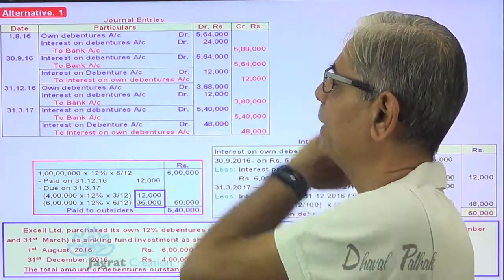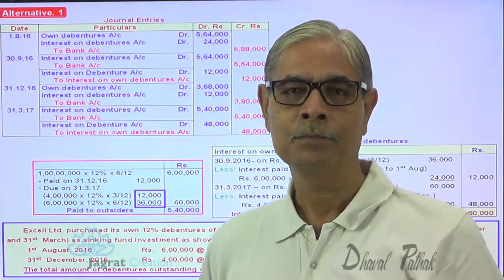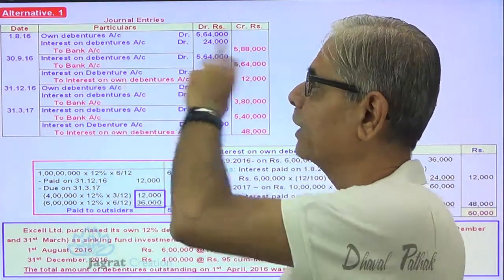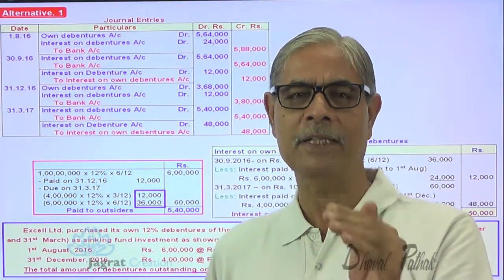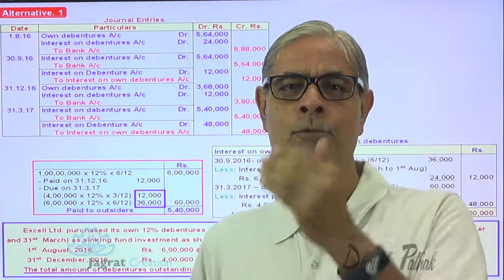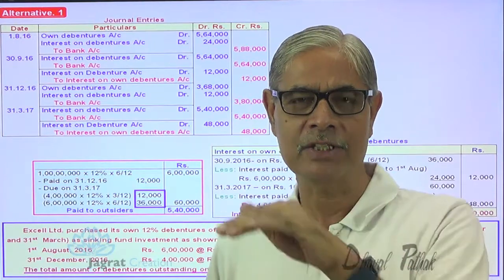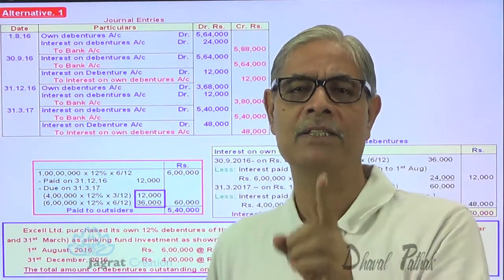Here the interest is paid for 4 months. At the time of purchase of own debenture, 4 months interest was paid and it was debited to debenture interest account. And after purchase of own debentures, they are immediately cancelled. So the next 2 months interest is not payable because the debentures are cancelled.